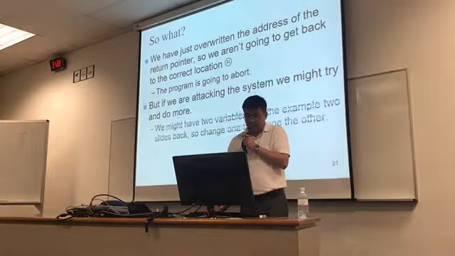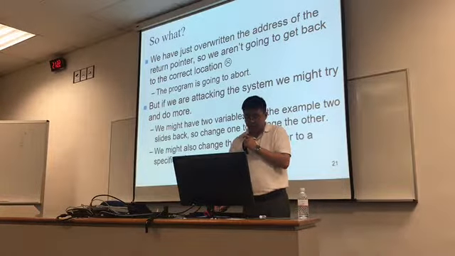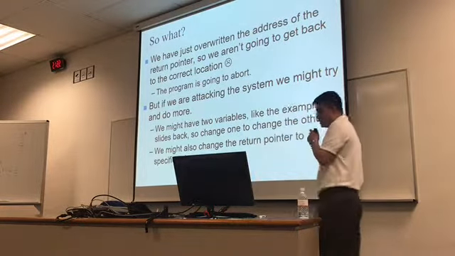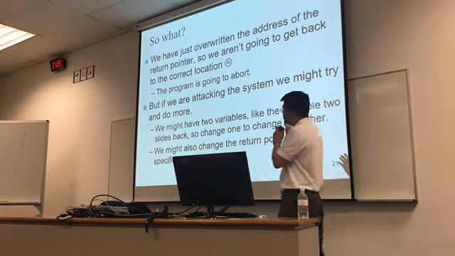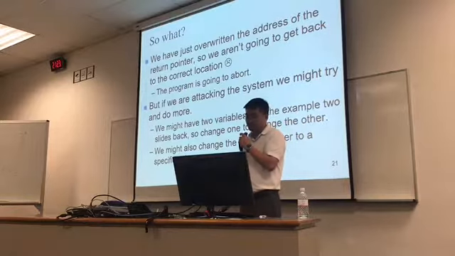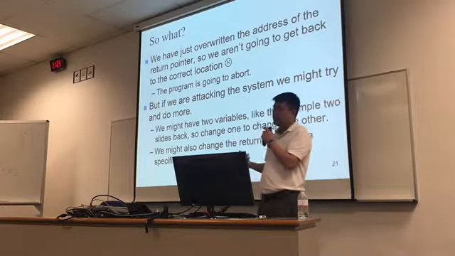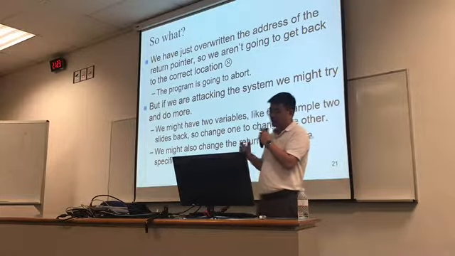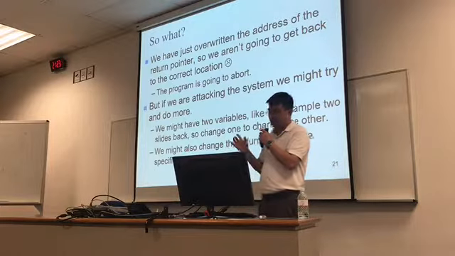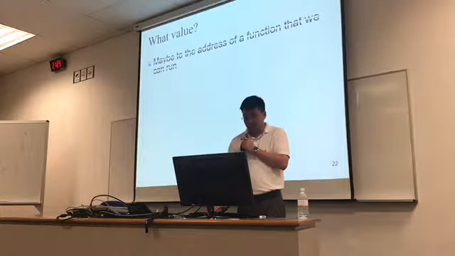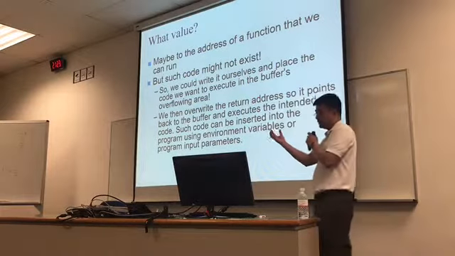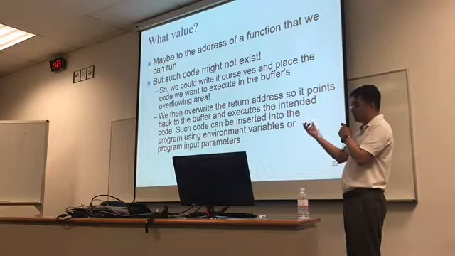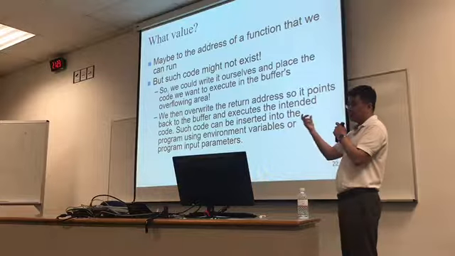Okay, so basically in the previous case, we can have a system crash, but the attacker can actually do something more serious. They can, for example, change the return address to a specific value instead of a random value. If there is some existing function in the memory, you can change the address to that function.